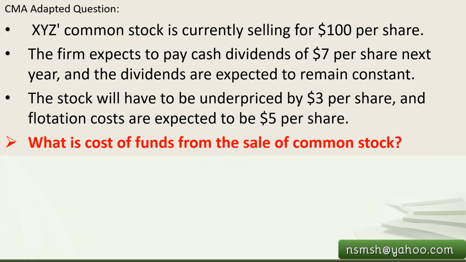Another CMA adapted question. XYZ common stock is currently selling for $100 per share. The firm expects to pay cash dividends of $7 per share next year, and the dividends are expected to remain constant. The stock will have to be underpriced by $3 per share, and flotation costs are expected to be $5 per share. So, what is the cost of funds from the sale of common stock?